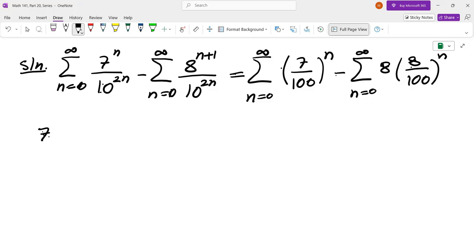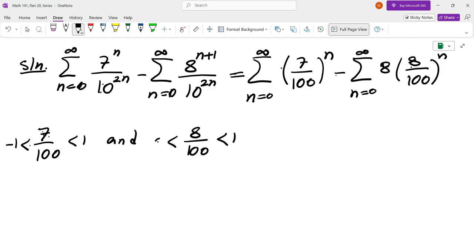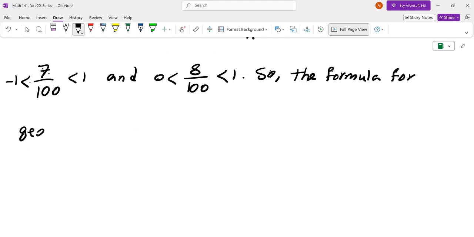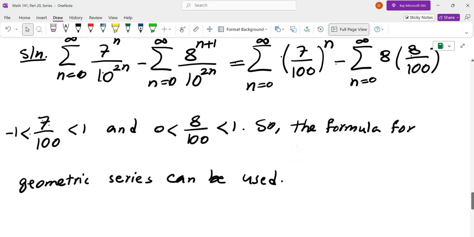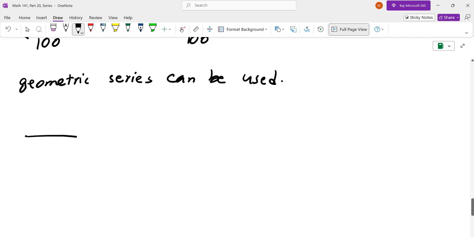So if you look at 7 over 100, this is between -1 and 1. And 8 over 100 is also in the same range. So the formula for the geometric series can be used. And if we use that, what are we going to get? We're going to get the first term over 1 minus the common ratio.